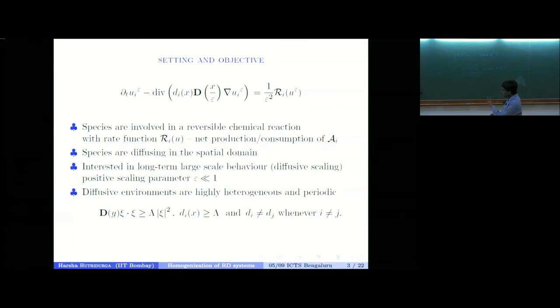At least for two species, they are different. And this is a parabolic problem with some nonlinearity. So you give it some initial data and some boundary data, say no flux boundary conditions at the boundary. So that's fine.